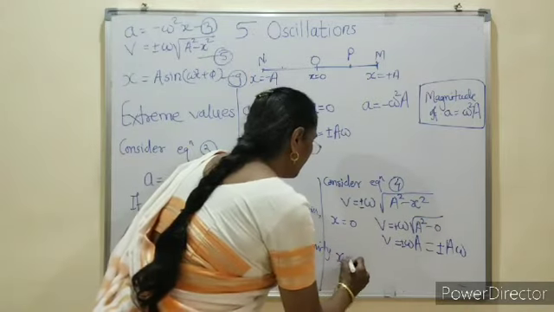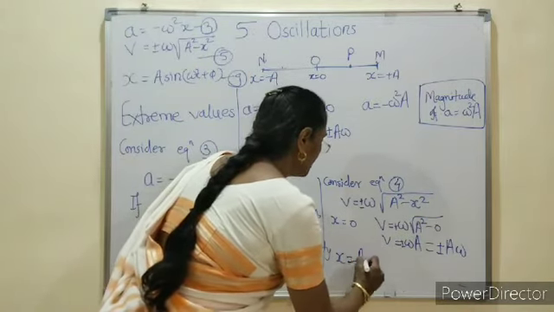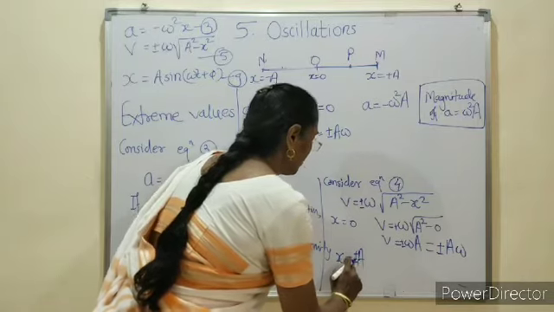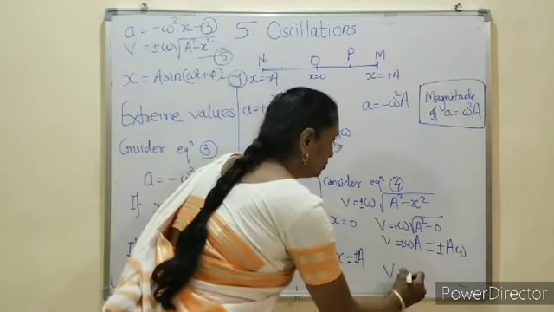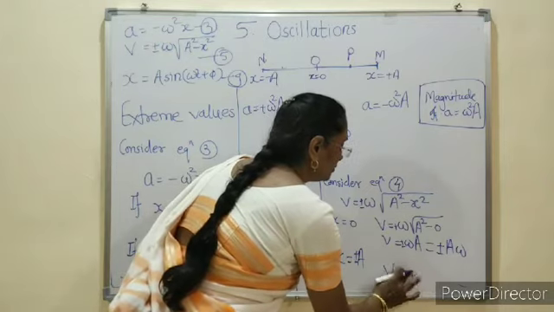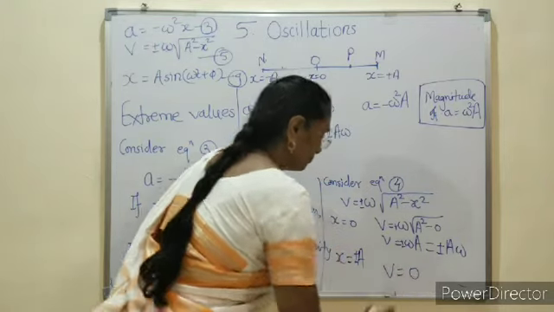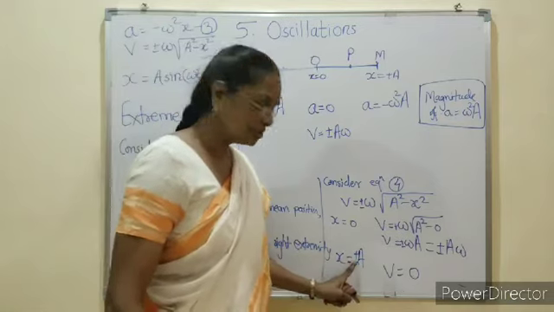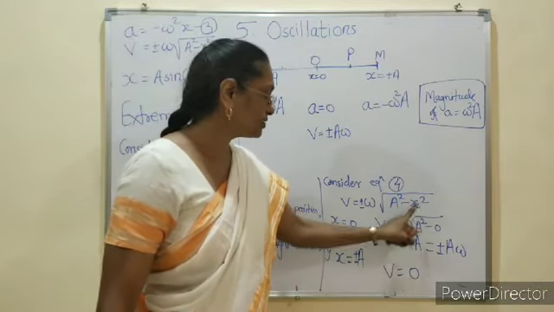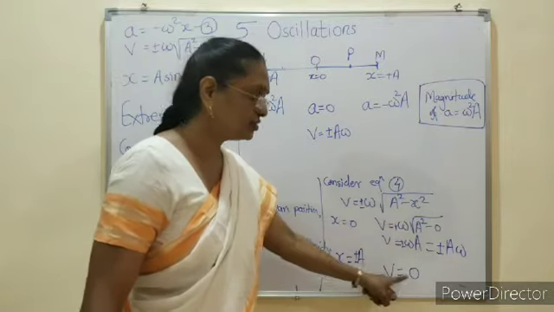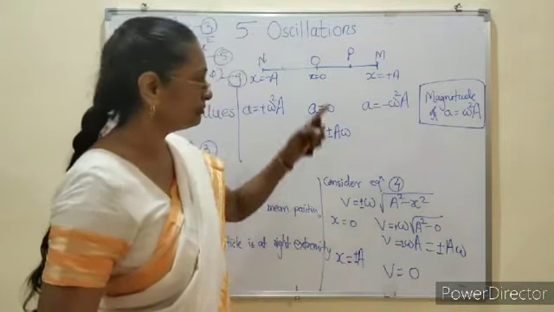Now if we write for x is equal to plus A and minus A, V is equal to exactly 0. If we substitute x is equal to plus or minus A, A square minus A square becomes 0. So V is equal to 0.